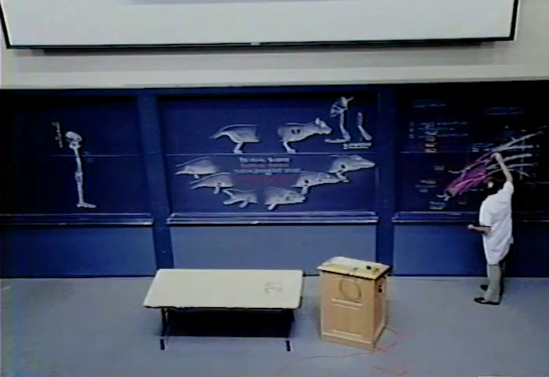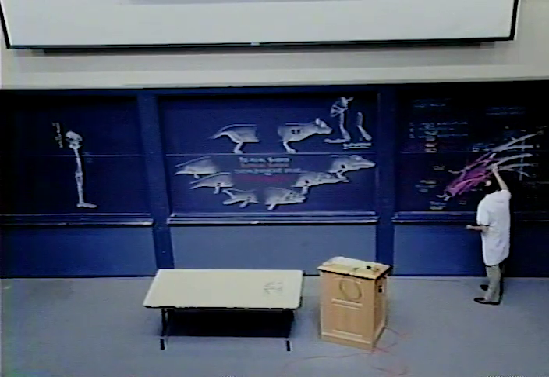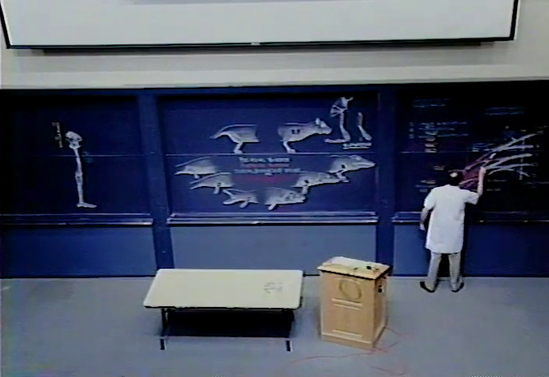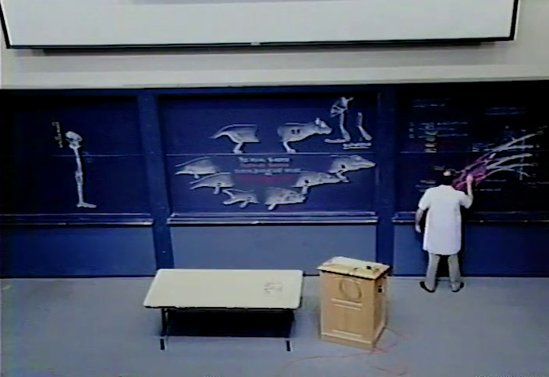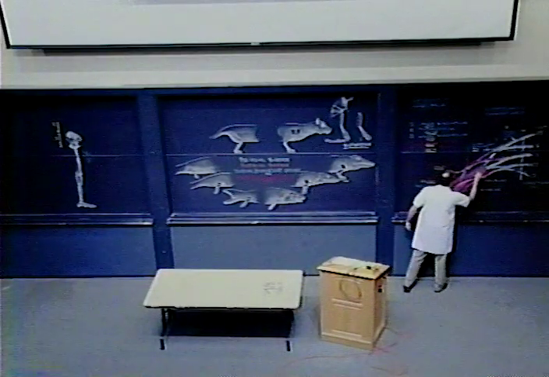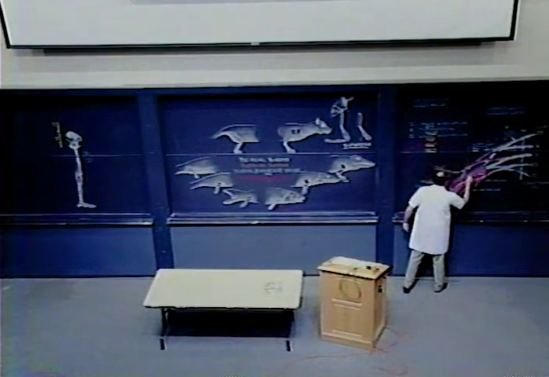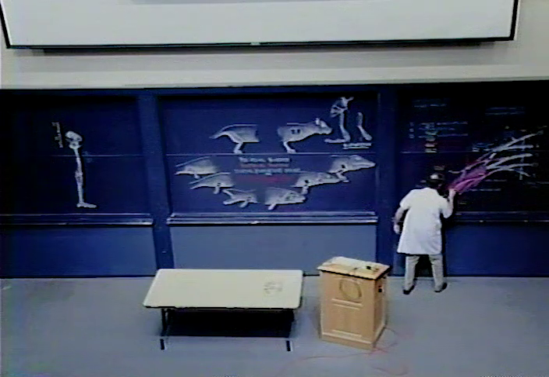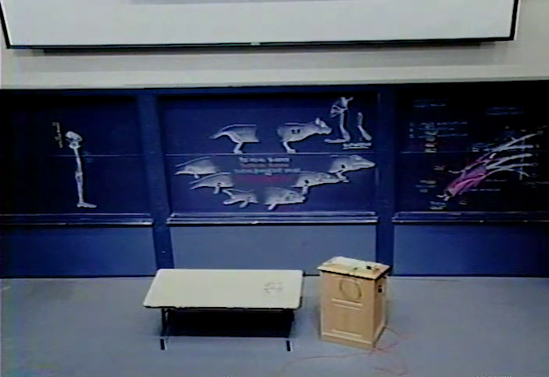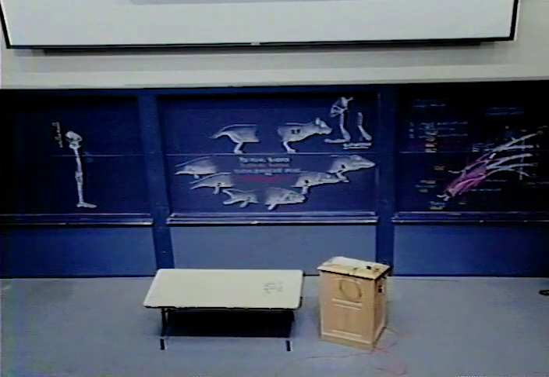So here is the posterior division of the upper trunk, posterior division of the middle and lower trunks, and these will combine in one major structure like this, which I'm showing in dashed lines and in blue because it is posterior. It's lying behind the axillary artery. So that's the anterior and posterior divisions.